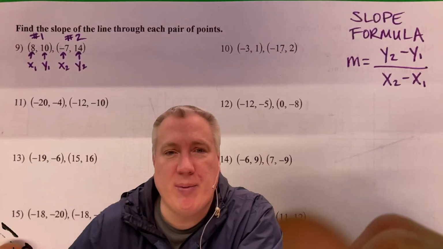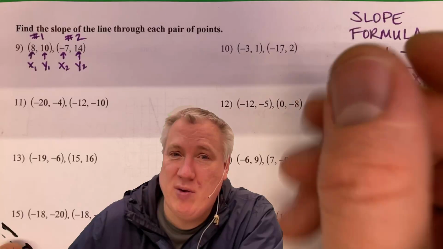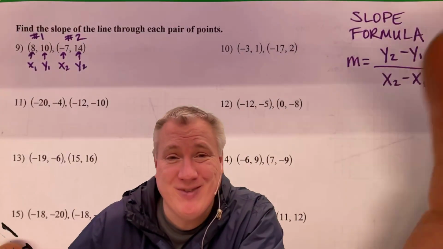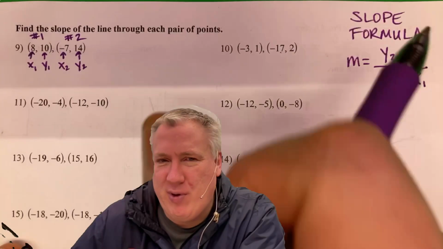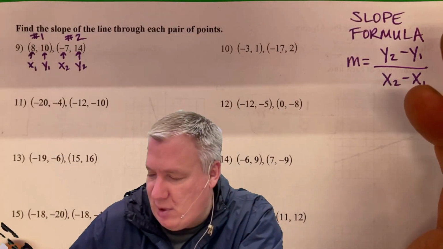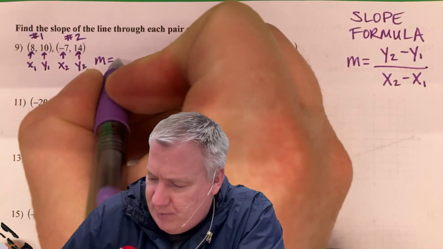If you just hold that pattern, it works every time. You technically can reverse it, meaning you can call this point number 1 and this point number 2, still get the same answer. But for the sake of simplicity, let's just use the same format each time. And then we go ahead and just plug those things into the formula.